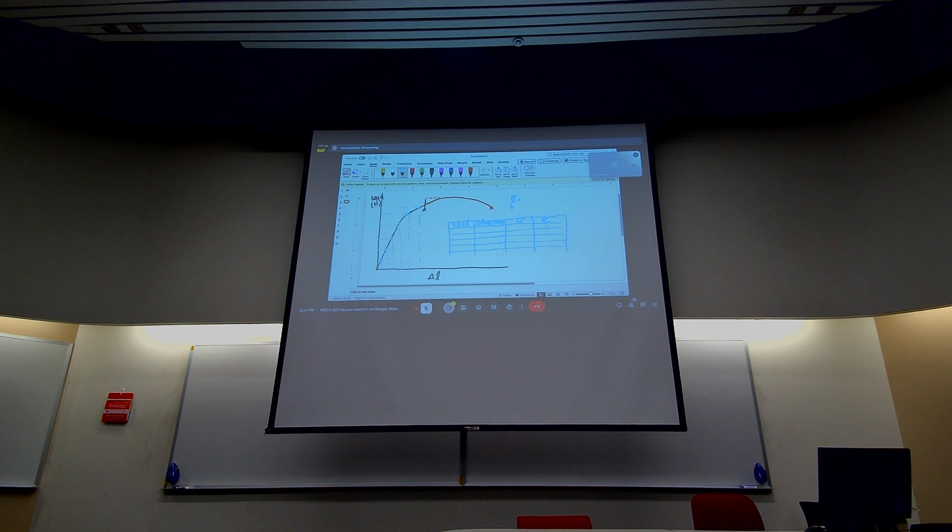Stress is equal to load over the original cross-sectional area, and strain is equal to that change in length over the original.